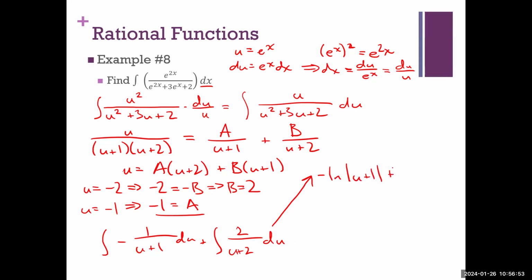It's 2 times the natural log of the absolute value of u plus 2. Awesome. Are we done? We're so close. What's the last thing we should do? Put these back here. So negative natural log of the absolute value of e to the x plus 1, plus 2 times the natural log of the absolute value of e to the x plus 2, plus c.